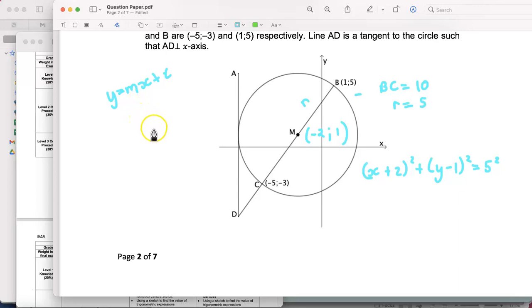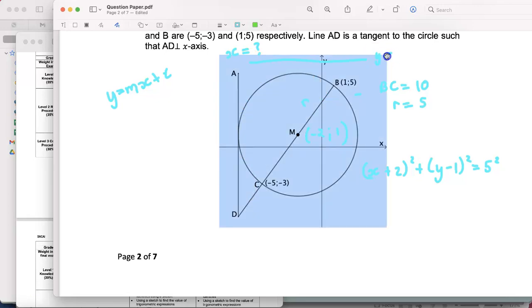But the problem is that a vertical line is not y is equal to something. A vertical line is the one exception: it's x is equal to something. Because this is an x value here, and on this whole line, everything is x is equal to something. A horizontal line would just be y is equal to, let's say, 7. That would be an example of a horizontal line.